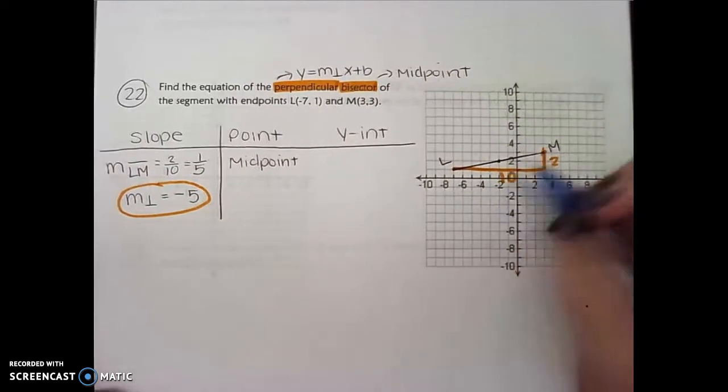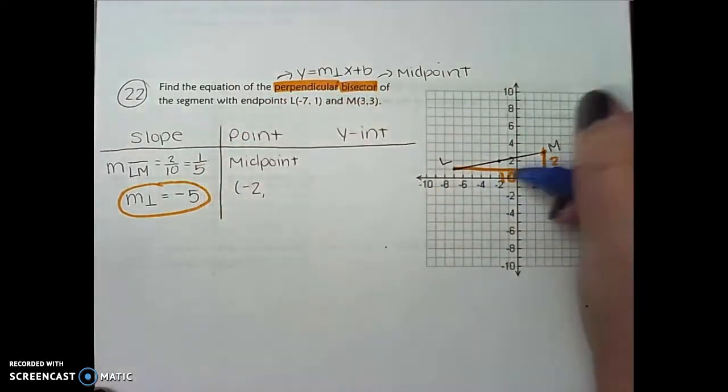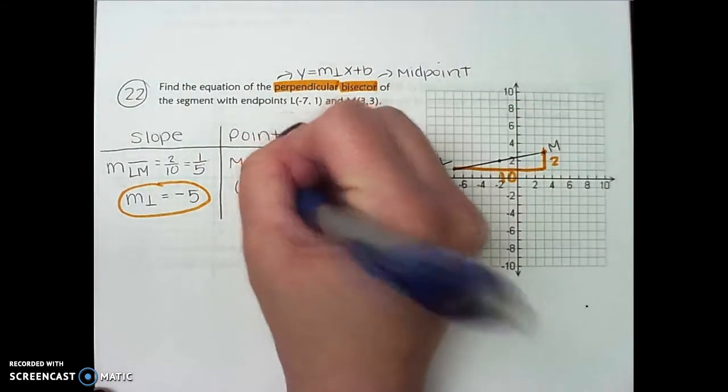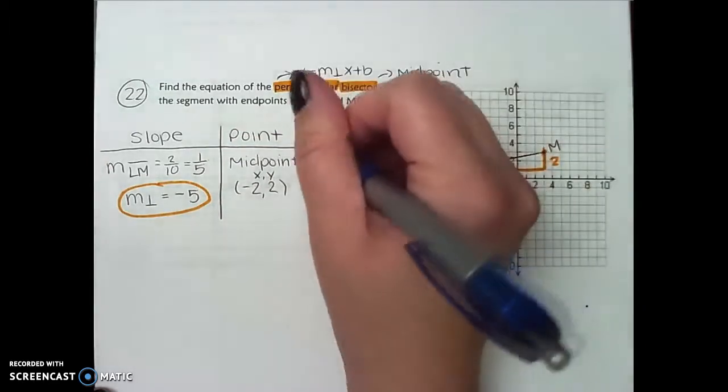Using the graph, I can see that my midpoint has coordinates -2, +2, and so those are my x and y coordinates that I will use.